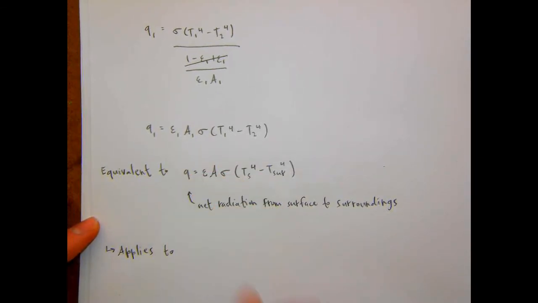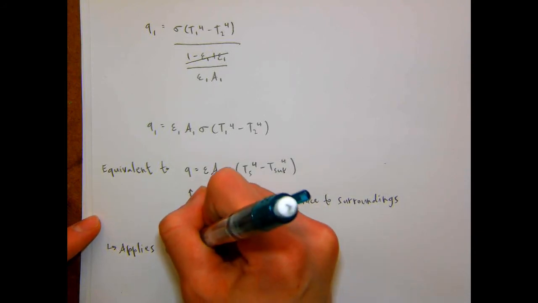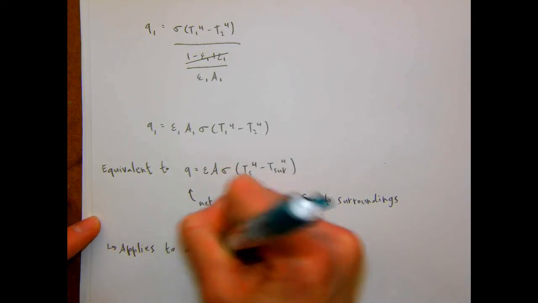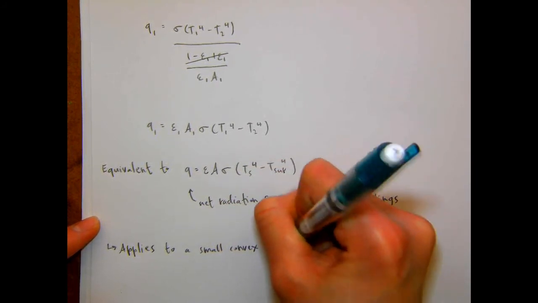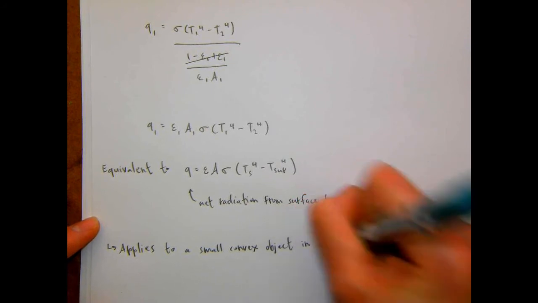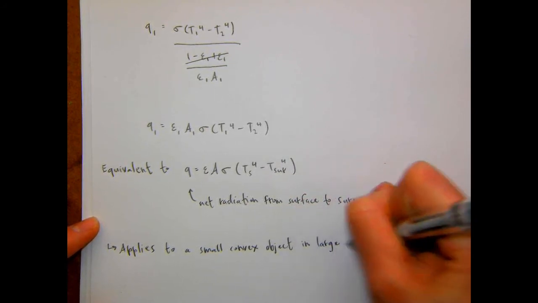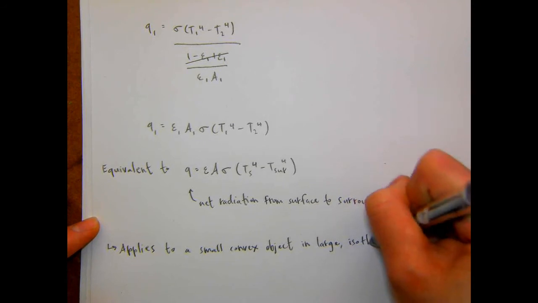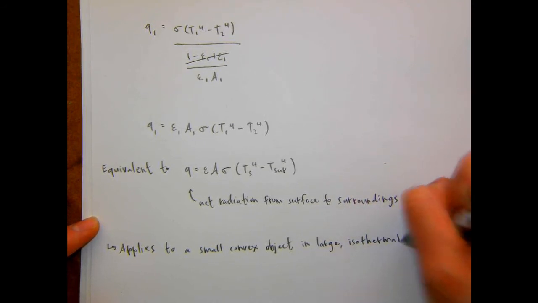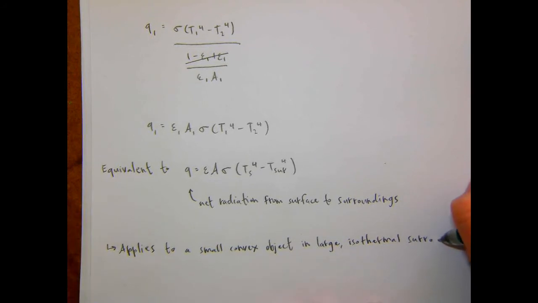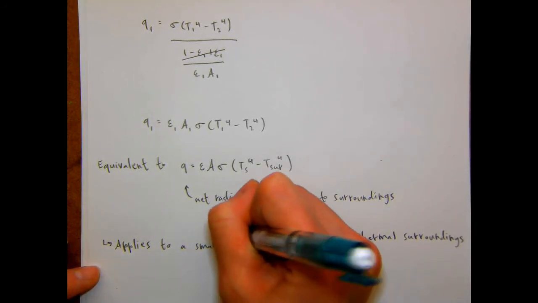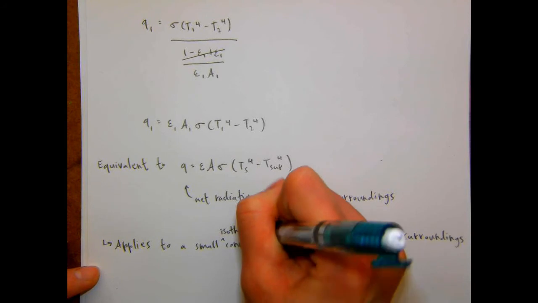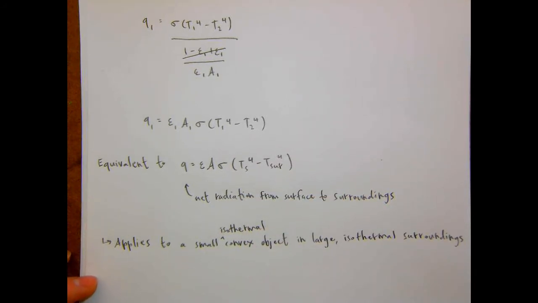So this applies to a small convex object in large isothermal surroundings, where the object is also individually isothermal.